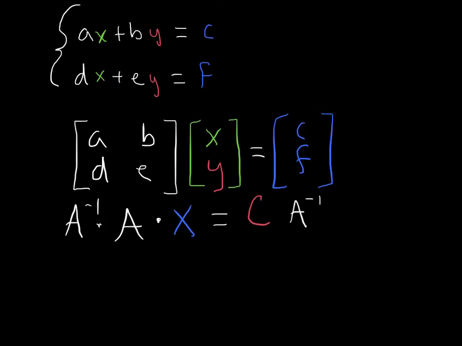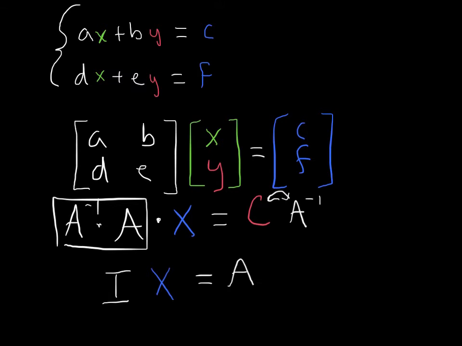So A inverse. Now, when we multiply by the inverse of something, these reduce to what's called the identity matrix. This is something we've covered in class before, so I'm not going to cover it in this tutorial, but this is just to remind you. So we have the identity matrix times x is equal to, and I'm going to switch the order of this because it's important that we keep it in order, because remember, multiplication is not commutative.